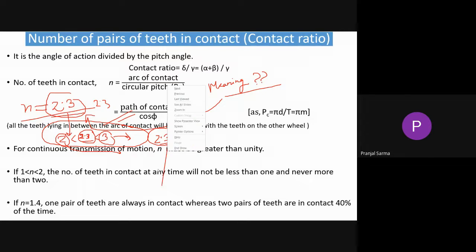Try to correlate with the last point. At least try. It is written here itself. If this is the meaning of 1.4, then what about this? If n equal to 2.3, what will be the meaning?